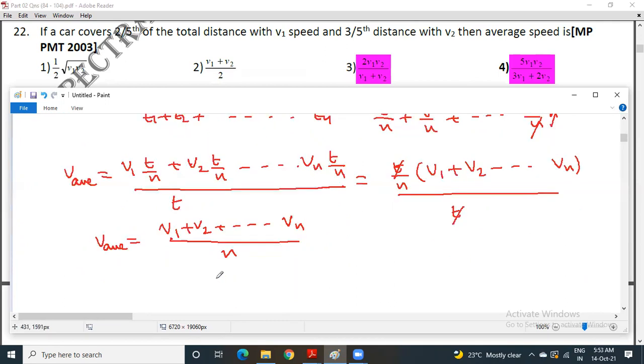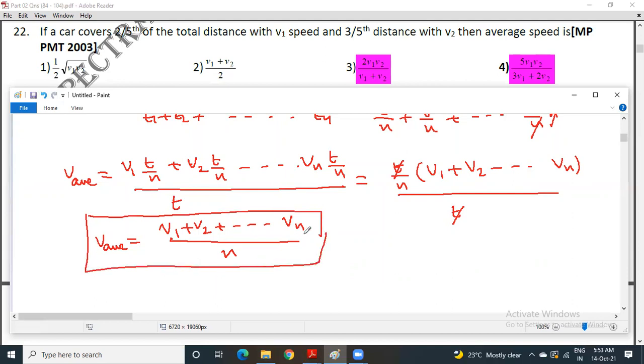Suppose let me assume if the total time is divided only into two parts. So how to write V average in that particular case? Equally into two parts means, so therefore T1 is equal to T by 2. T2 also equal to T by 2. If you join them, you will get T only.